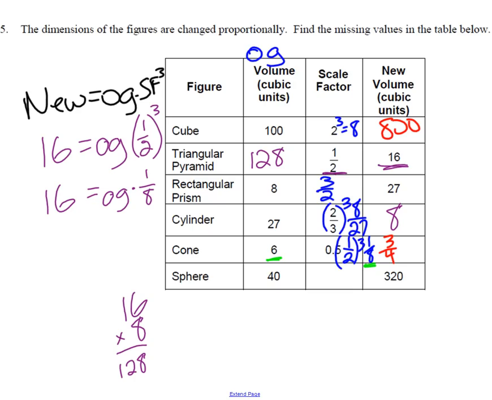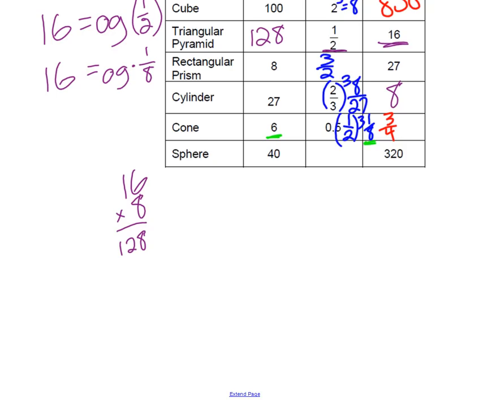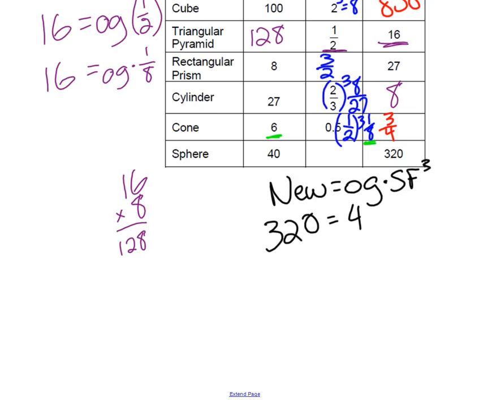Okay? Our last example is what do we do when it gives us the new and the original, but we need the scale factor? So again, we start with the formula. We have the new is 320. The original is 40 times some number. So what number times 40 equals 320? 8.